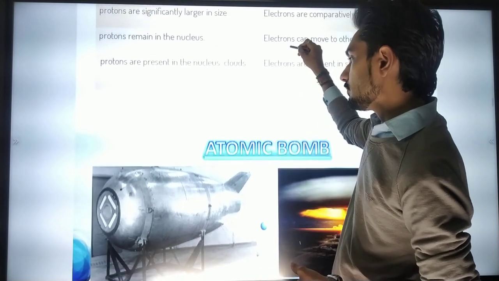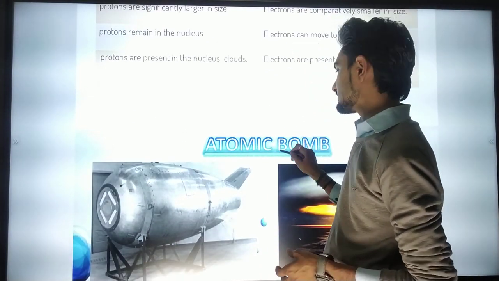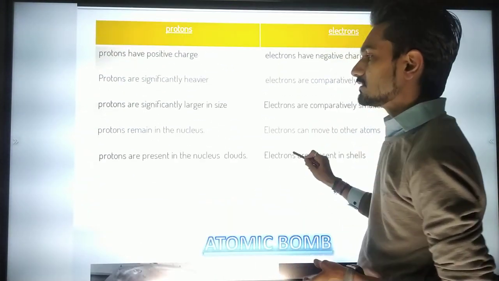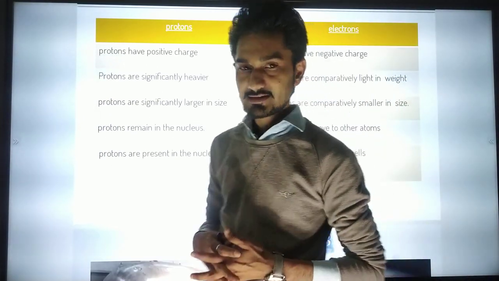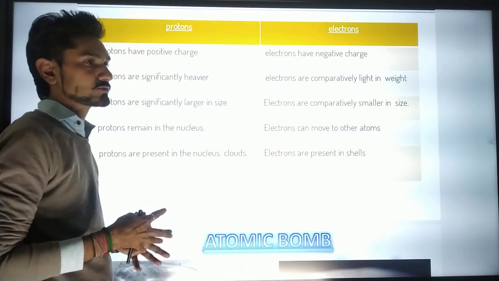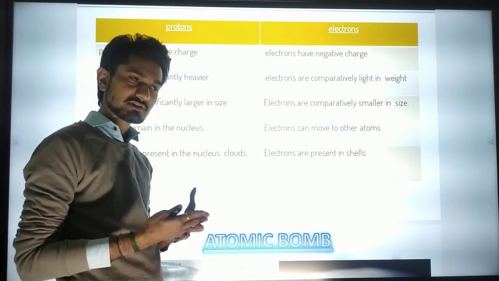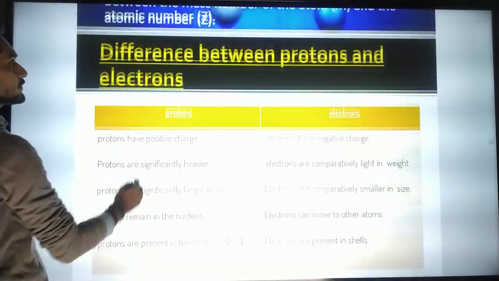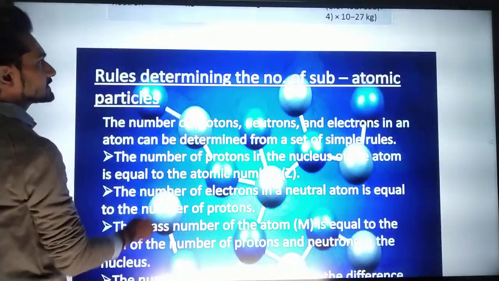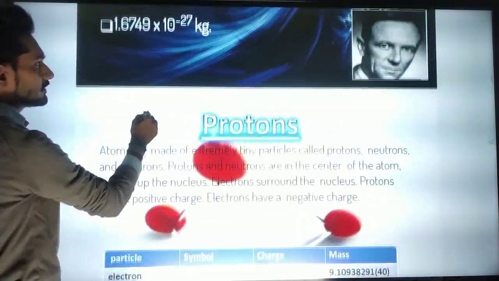I am giving you homework. In the next lecture we are going to discuss the basic models given by Rutherford and Thomson. So in today's homework, we have to write. I am finding the space where I can write the homework.